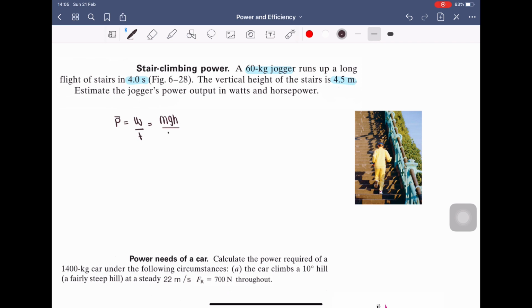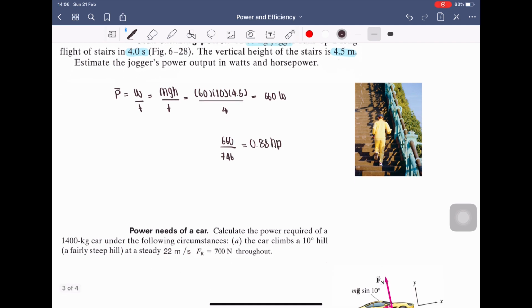Now we plug in all the variables, and this all equals 660 watts. To make it in horsepower, we plug it into the equation. So 660 over 746 equals 0.88 horsepower.